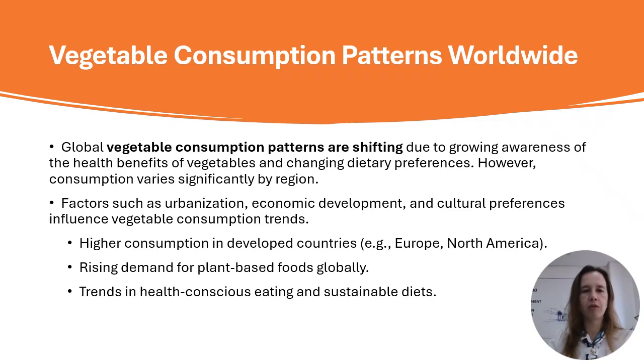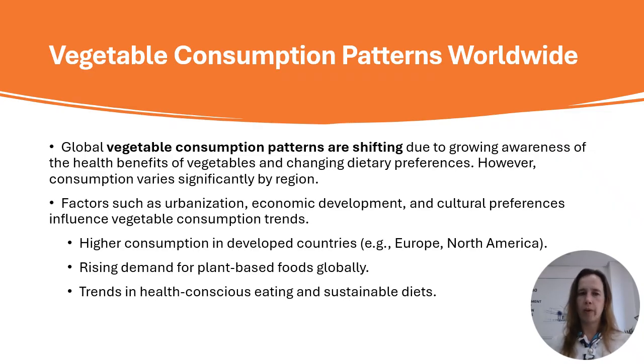Vegetable consumption patterns around the world. Global vegetable consumption patterns are shifting due to growing awareness of the health benefits of vegetables and changing dietary preferences. However, consumption may change a lot between regions of the globe.